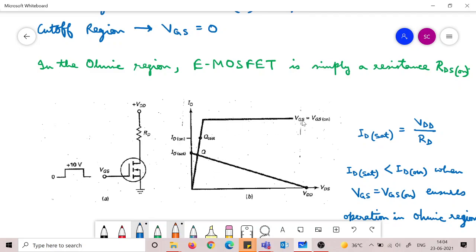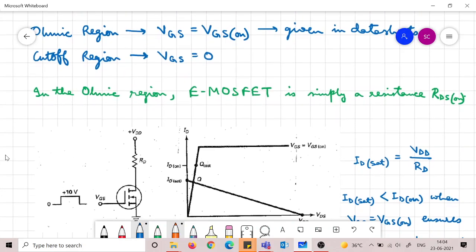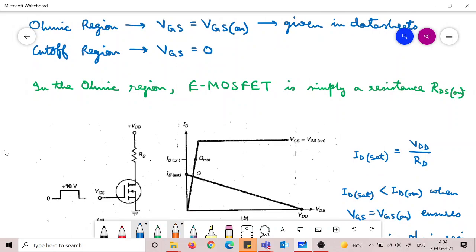So just setting VGS on does not guarantee the saturation region operation. Along with that we have to ensure that whatever loading you have done, a simple RD loading, the load line intercepts the characteristics in the saturation region.